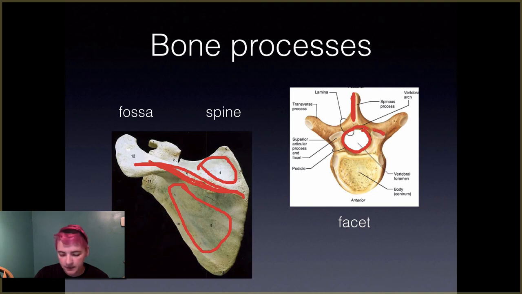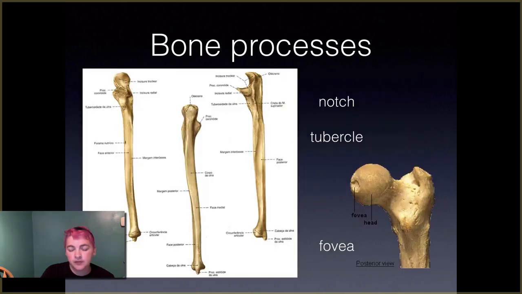So this would be a facet, and this would be a facet. That and that are also facets. This here is a notch. A tubercle, again, is something that protrudes out. So this kind of bump here is a tubercle.